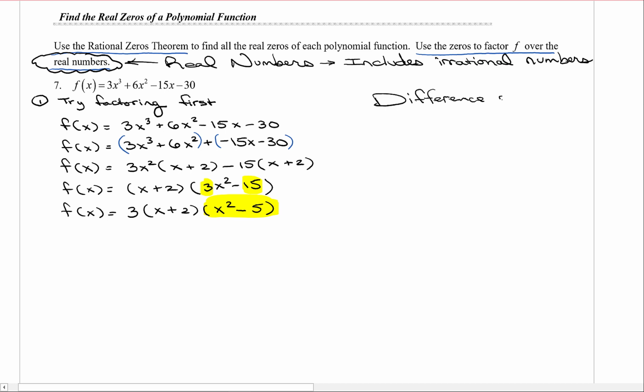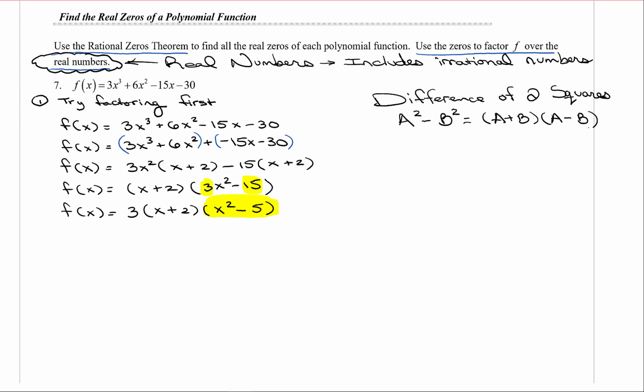So remember the difference of 2 squares. We had a formula for factoring that out. That said, if you had a squared minus b squared, that's equal to a plus b times a minus b. Remember that? And if you wanted to think really hard about this, you could ask, is there any real number that I can square and it will turn into a 5?